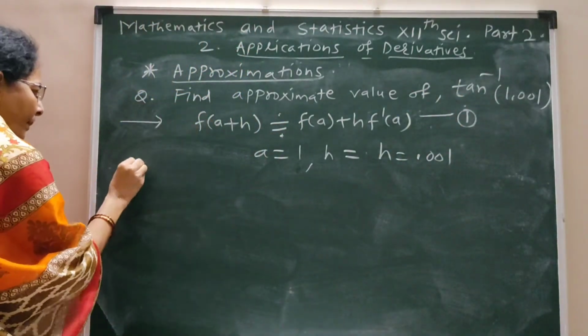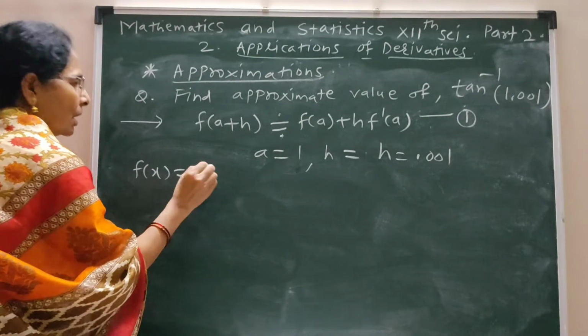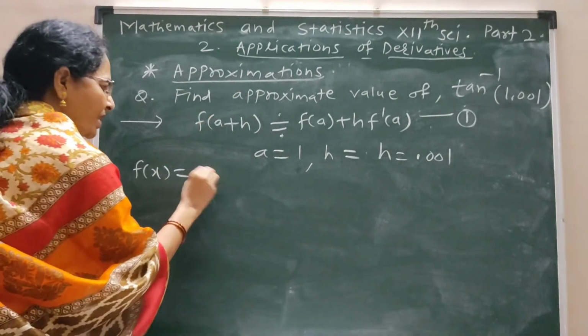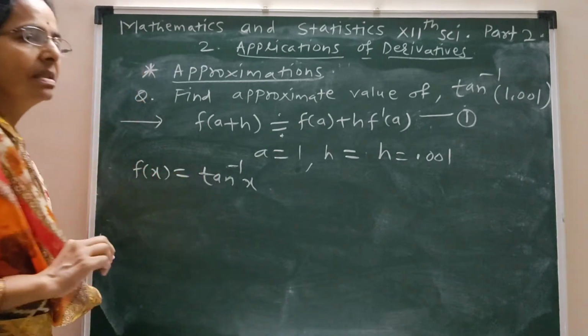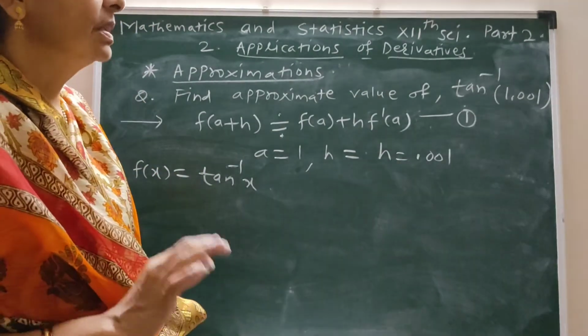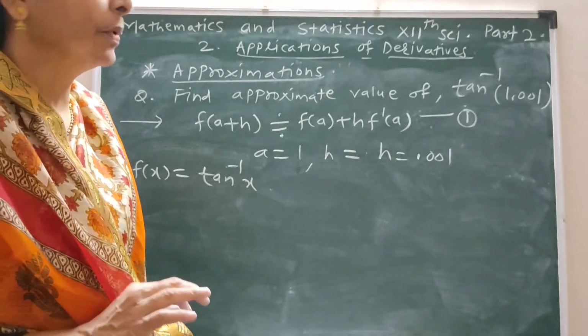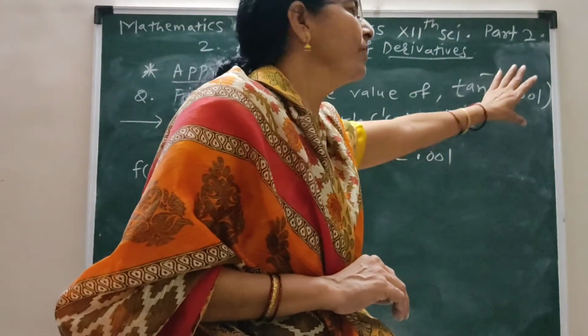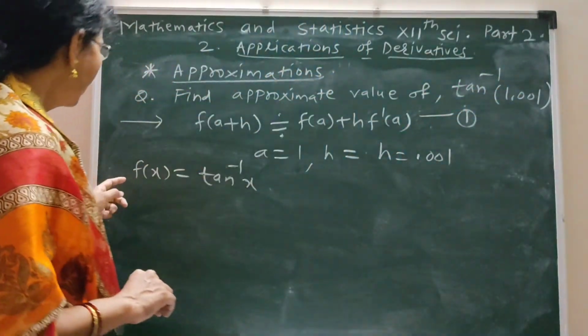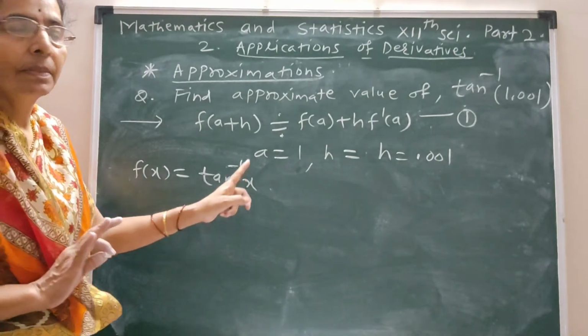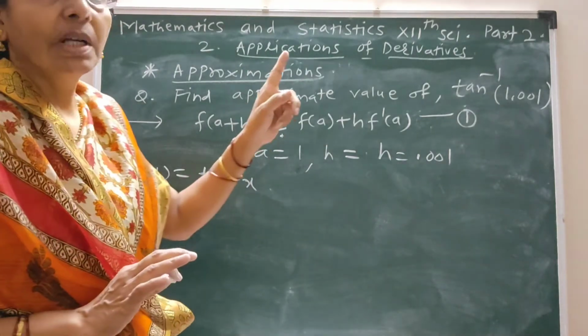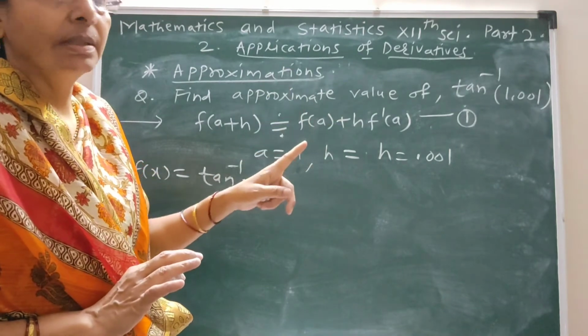Then f of x is tan inverse x. Remember, this step is very important: consideration of the function is very important. Here the question is tan inverse of something, so we have to take f of x as tan inverse x. The last question was a root term, so root x was taken.